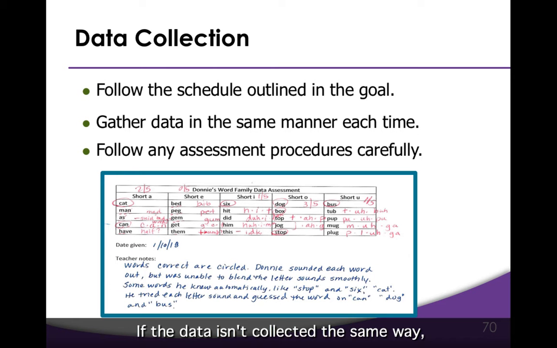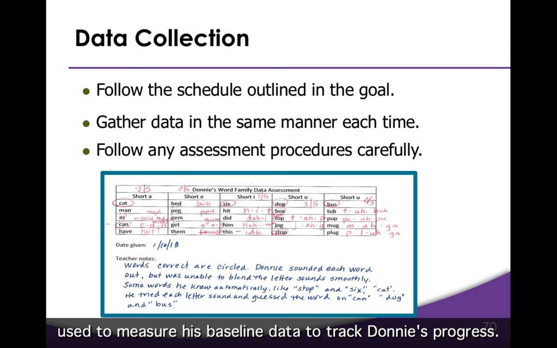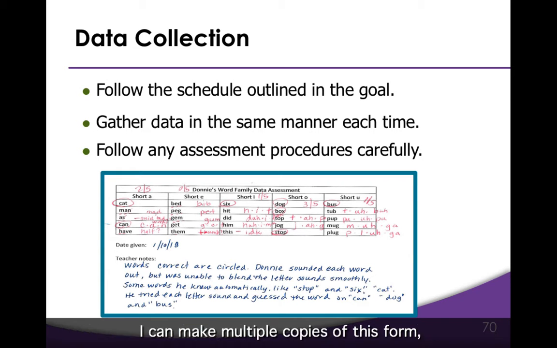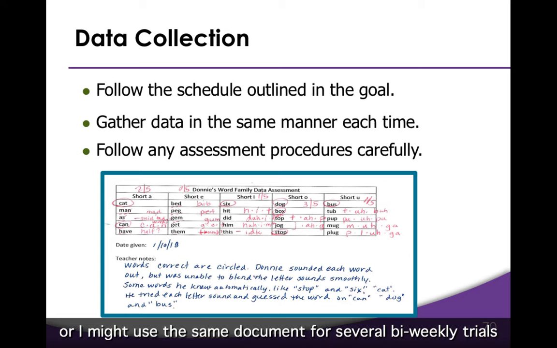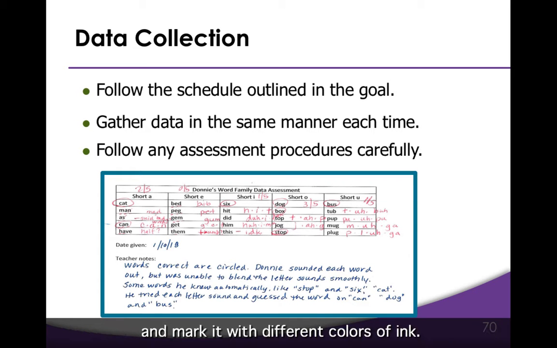If the data isn't collected the same way, it could skew the results. I plan on using the same word family probe used to measure his baseline data to track Donnie's progress. I can make multiple copies of this form, or I might use the same document for several bi-weekly trials and mark it with different colors of ink.